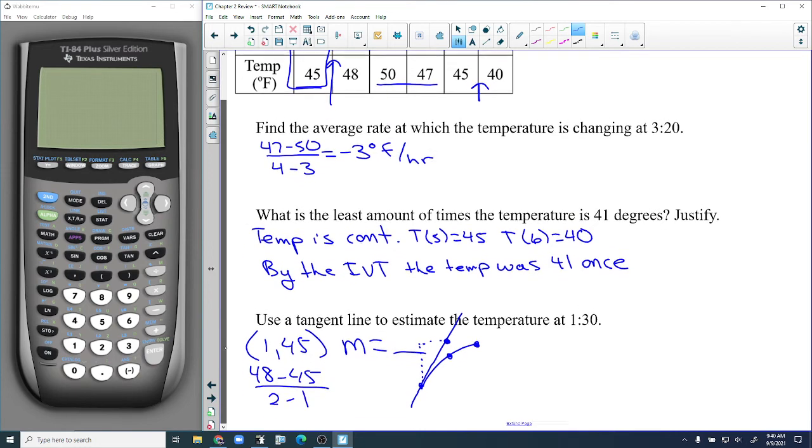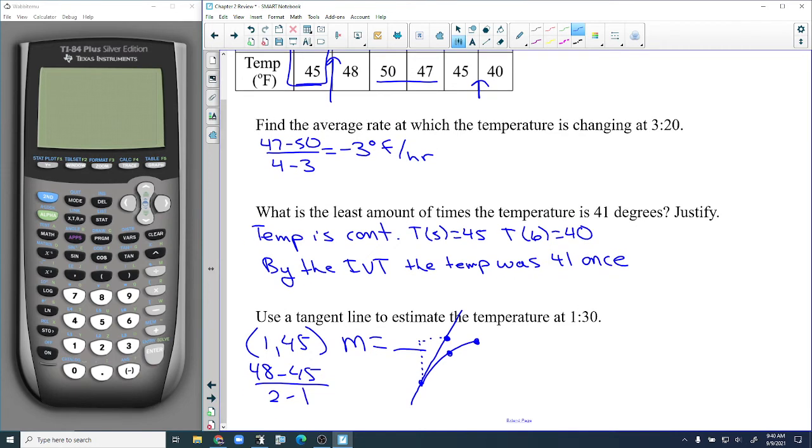We can't find an instantaneous rate of change. The best we can do on a chart is do average. So the slope is 3. All right, now we have y minus 45 is equal to 3 times x minus 1. There's the tangent line we're going to use to estimate what probably was a curve. The chances of being exactly linear, pretty slim, but maybe.